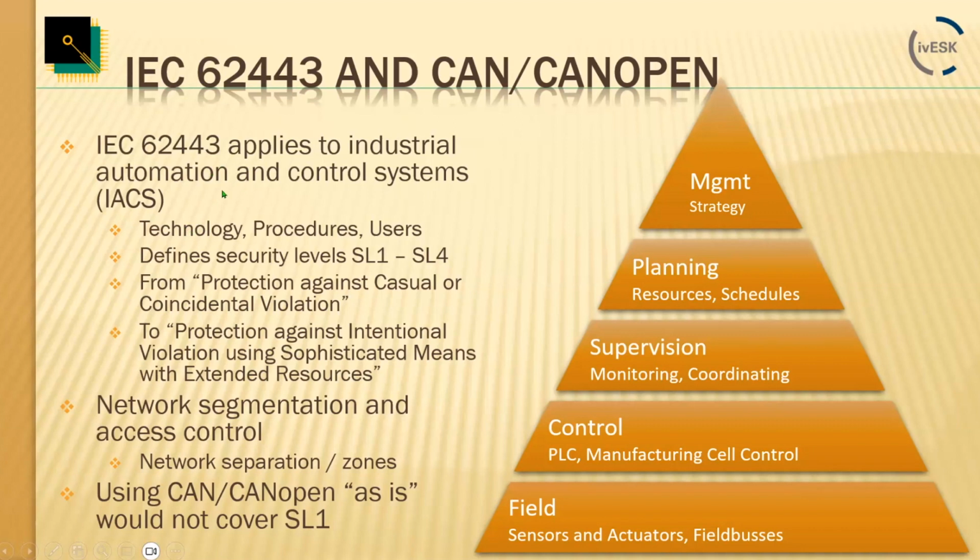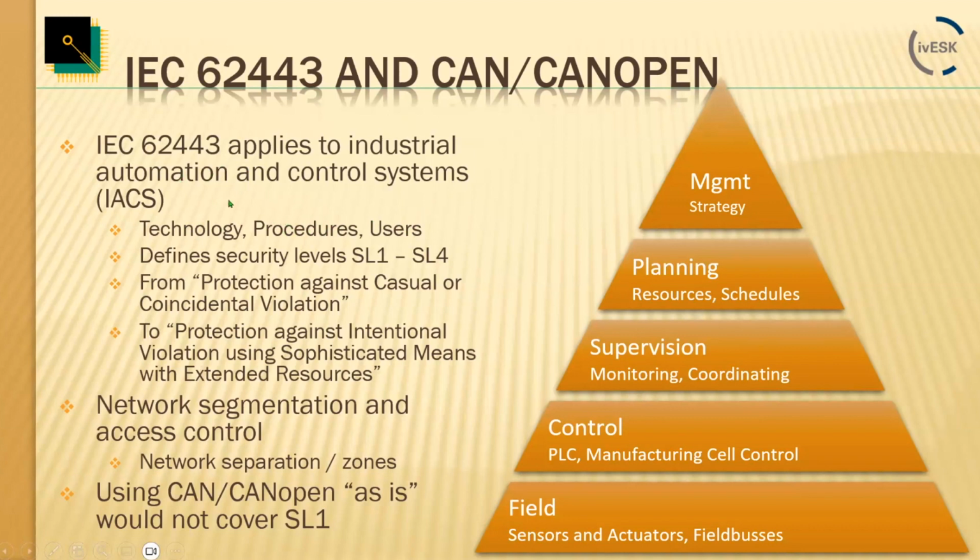But as Uwe referred to, there's so much more than just what we do. There's all the other things around it. And so you also have to look at all your cyber security procedures in place, the users, how are they authenticated and authorized to use certain things in the system and so on.